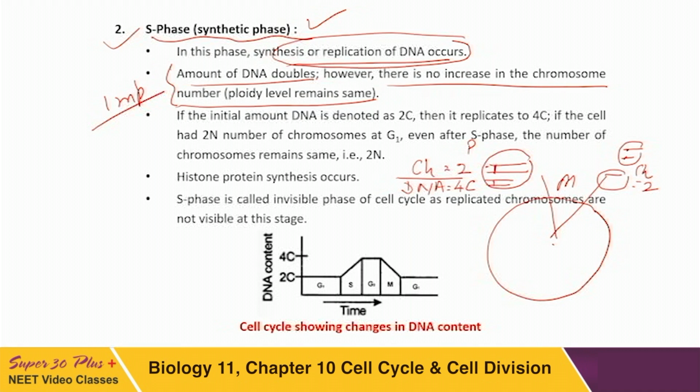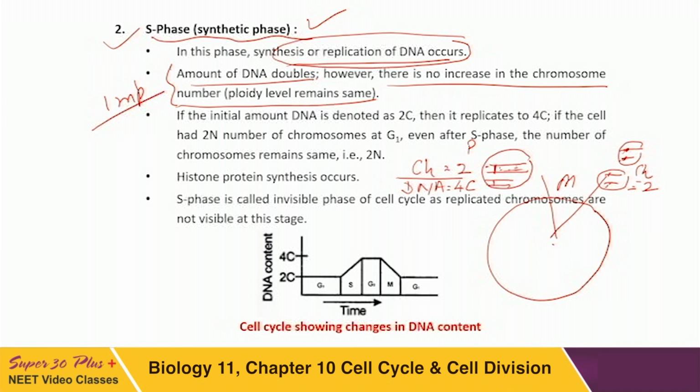One will be here, 1 and 2. Can you see the difference here? Here the number of chromosomes is 2, but each chromosome is made up of 2 chromatids. Here the number of chromosomes is 2, but each chromosome is represented by only 1 chromatid. This is the basic difference.